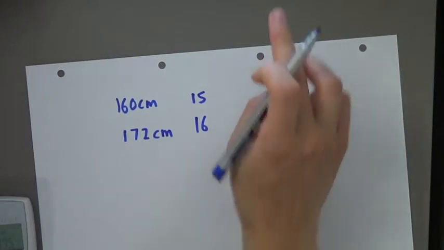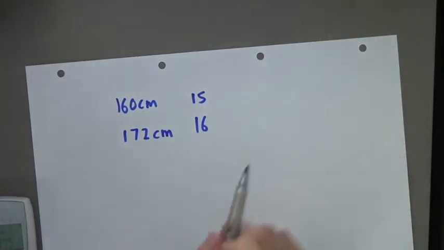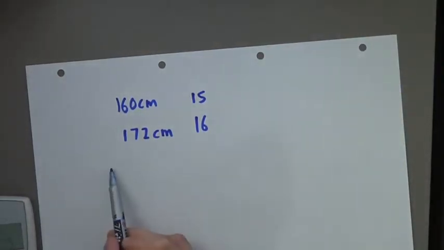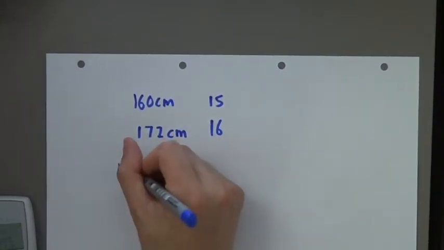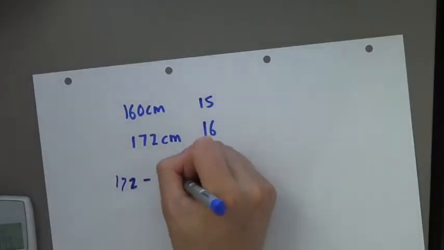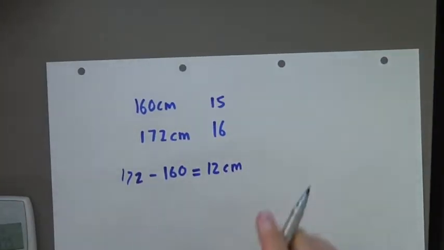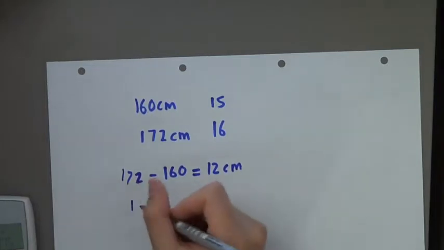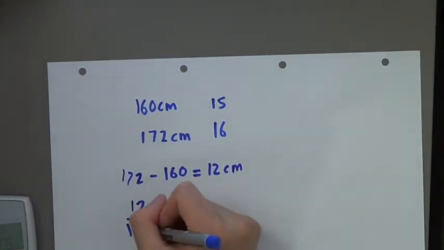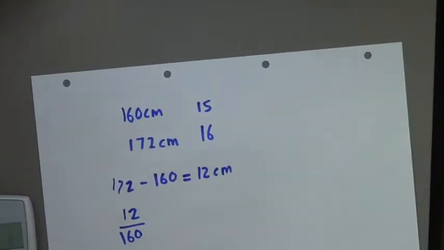What was the percentage increase in his height? So, first of all, let's find the difference. 172 minus 160 is 12 centimeters. That's the difference. Now we need to work out what fraction 12 is out of 160.